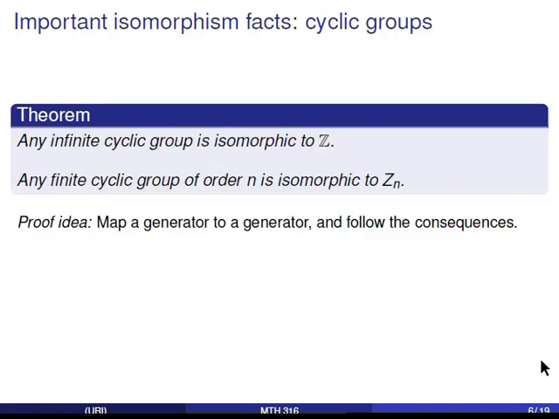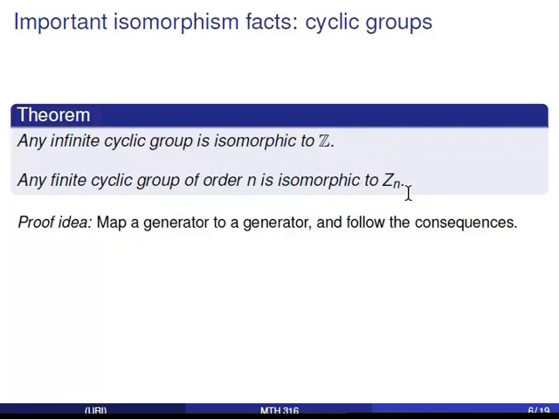Now, putting this all together, because we can take any two cyclic groups of the same order and order their columns in such a way that those stripes will appear and the Cayley tables will be the same, any two finite cyclic groups having the same order will be isomorphic to each other. That's because you can show that they're isomorphic to Zn.